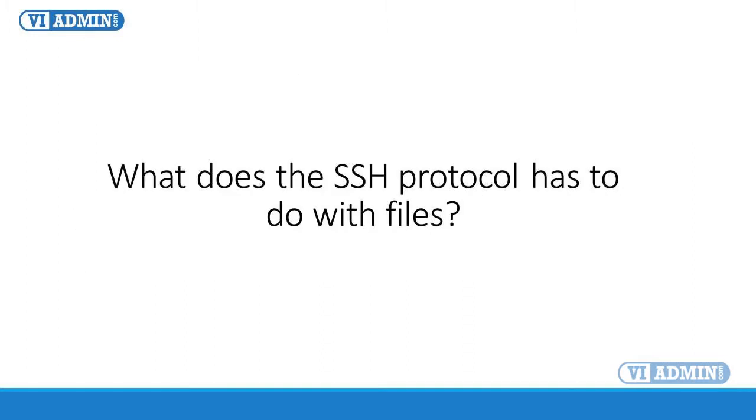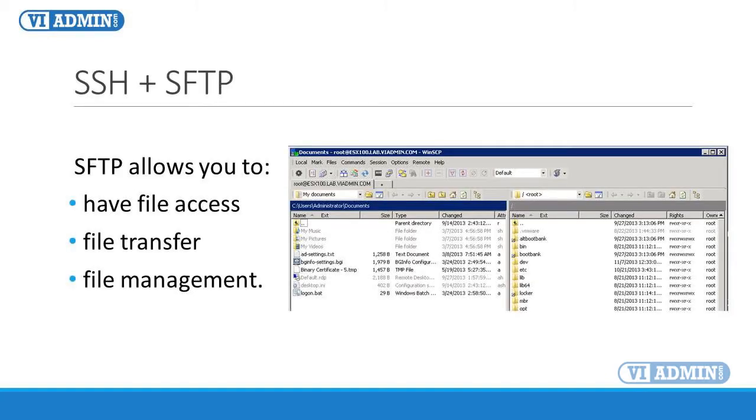Alright, so what does the SSH protocol have to do with files? Well, SSH File Transfer Protocol, also known as SFTP, allows you to access ESXi files, do file transfer, and manage files. For example, you can delete or rename files.